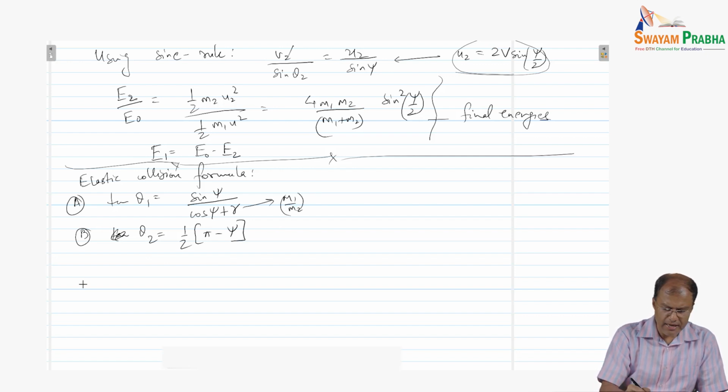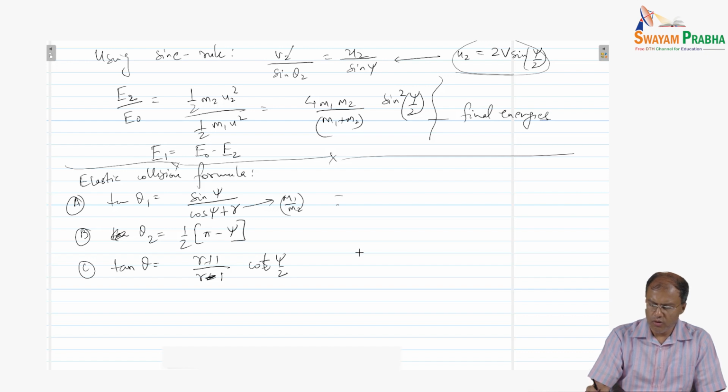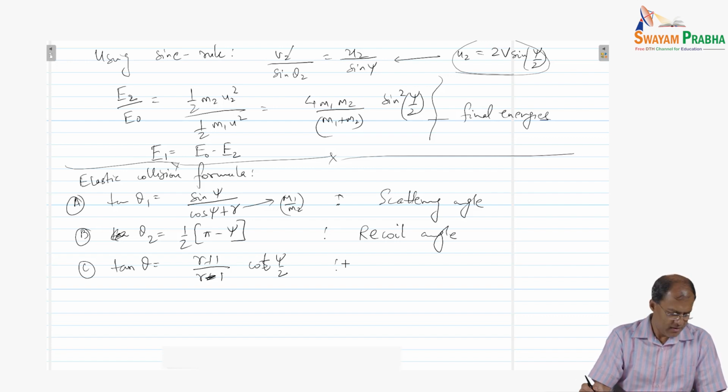Okay, and then my total angle is theta, such that tan theta comes out to be gamma plus 1 divided by gamma minus 1 times cot psi by 2. So the first relation is the scattering angle. The second relation is the recoil angle, and the third relation is the total angle, right?